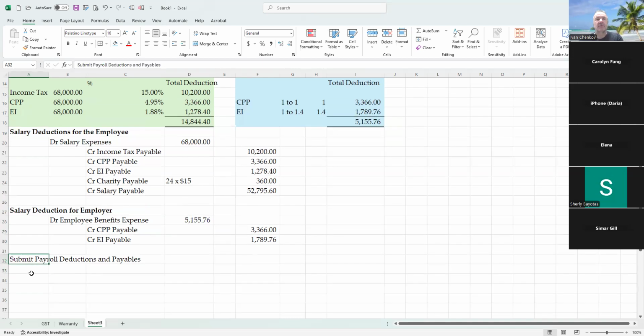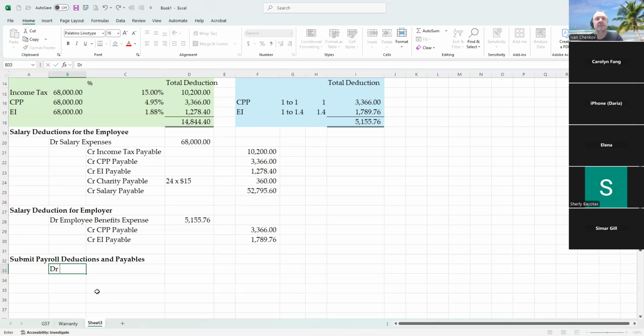So let's go. How are we going to do that? Debit. What do we have to debit? We have to go one after another. First, we have to debit income tax payable. Then we have to debit Canada Pension Plan payable. Do you want me to separate it by employee and employer, or go one lump sum?